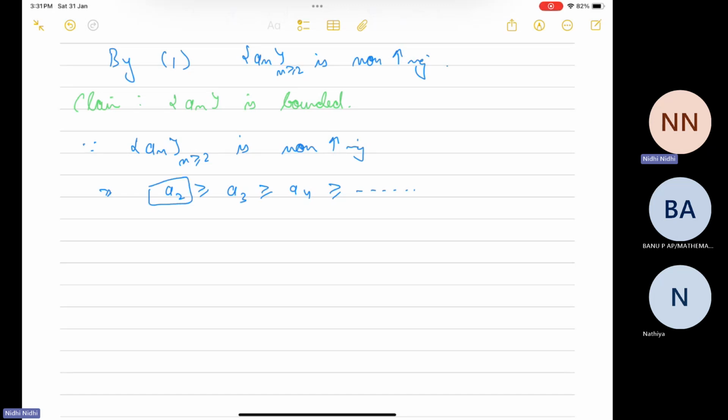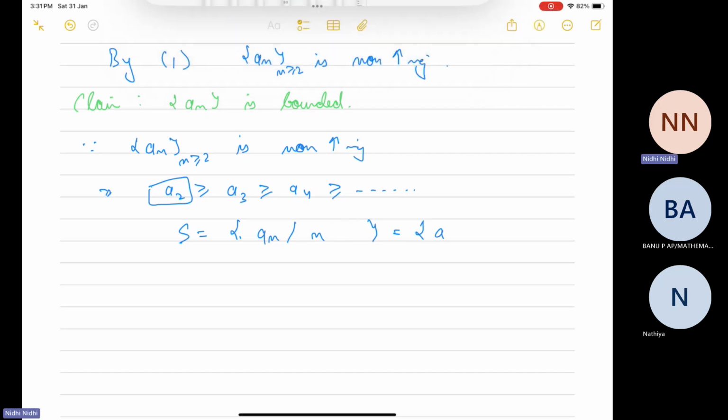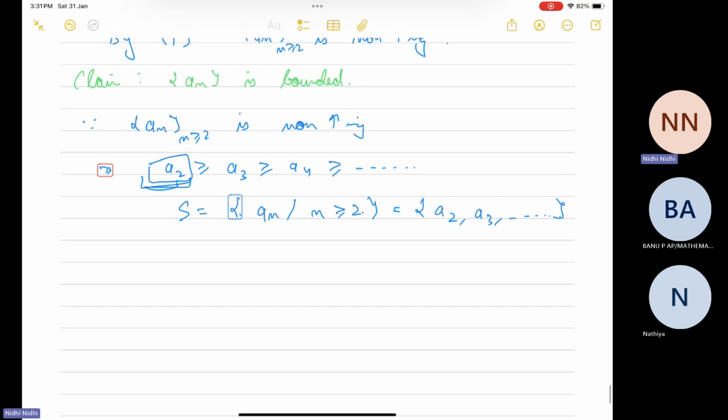So if we consider the set S to be {an : n greater than or equal to 2}, this is nothing but the collection of the terms in the sequence. We know that all the terms are less than or equal to A2. Therefore, the upper bound for S will be A2.